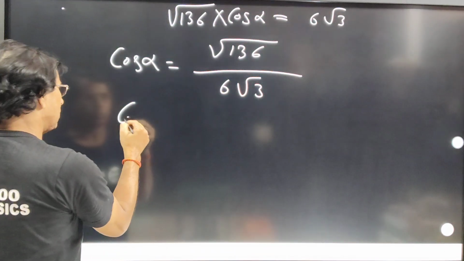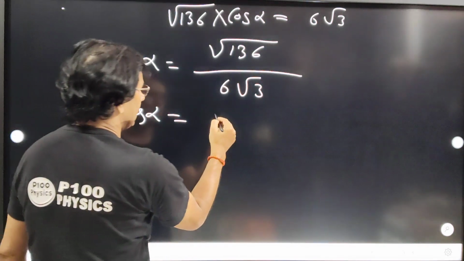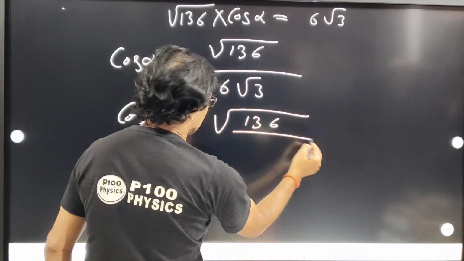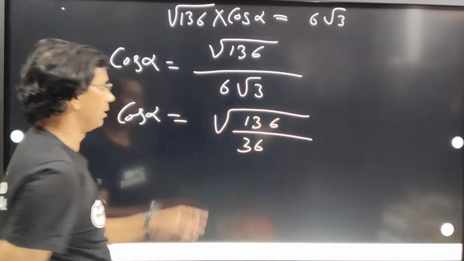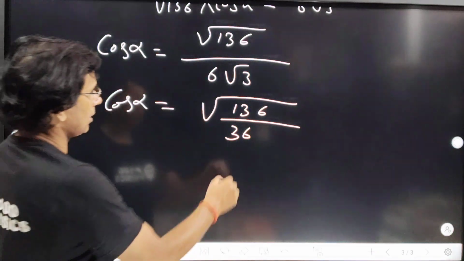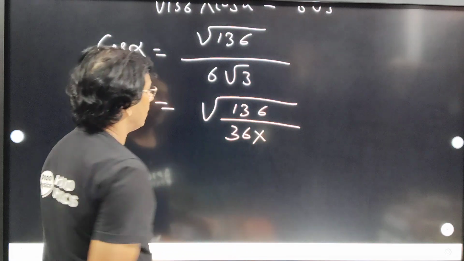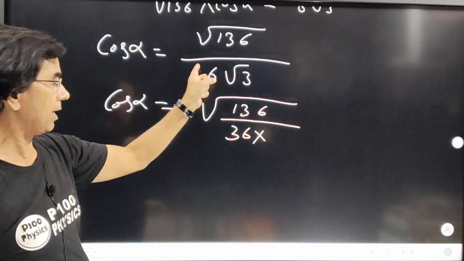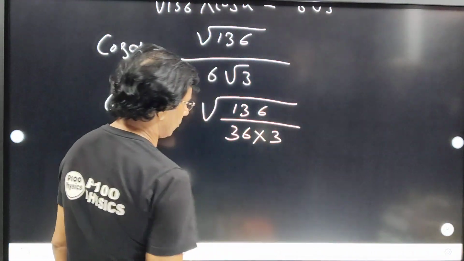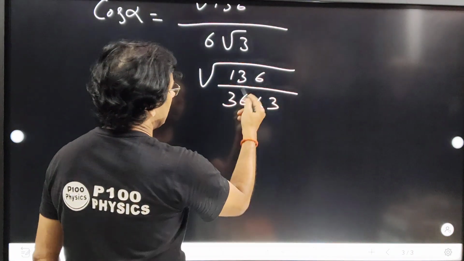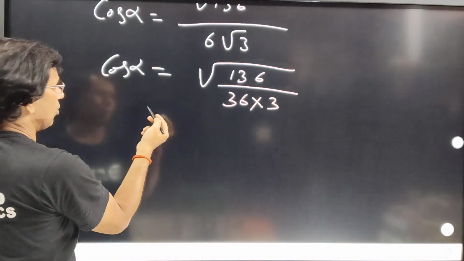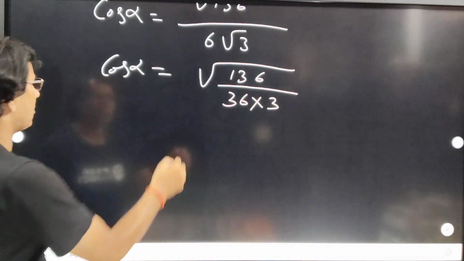And therefore cos alpha can be written under root as 136 upon 36, taking the 6 root 3 inside the root, 36 into 3 in the root. Yes, you can write like this, and some things can be cancelled.